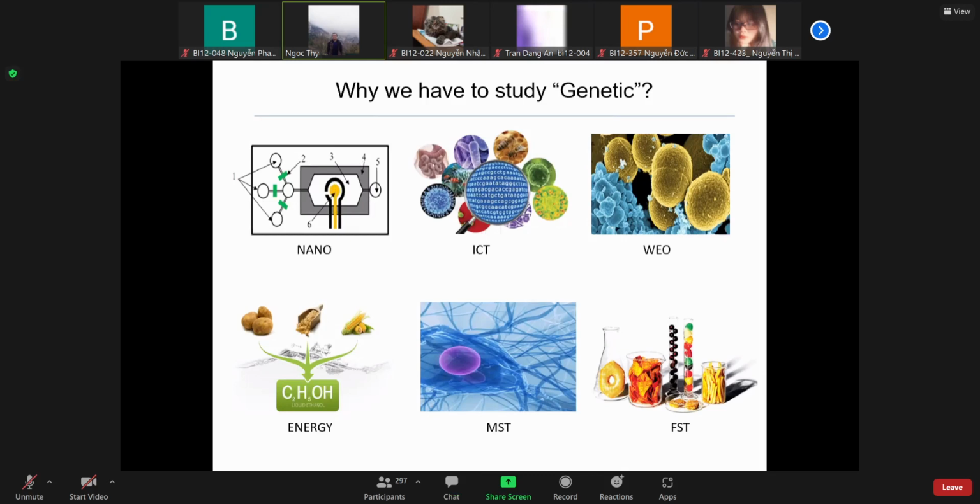Okay. For the students in ICT, nowadays one trendy area of research is focused on the human genome.